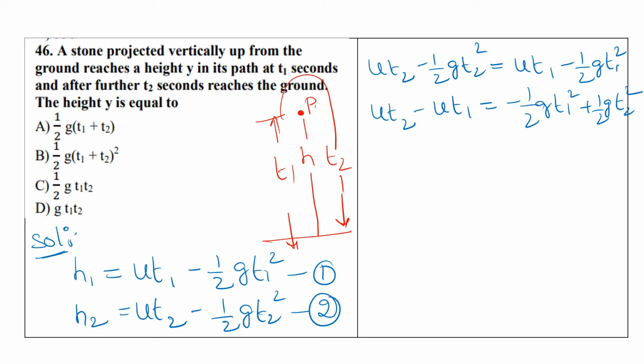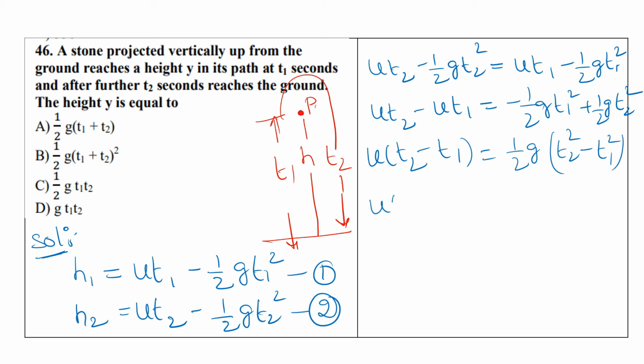So here taking u as a common, u of t2 minus t1 is equals to, taking half g as a common, then we are getting t2 square minus t1 square.